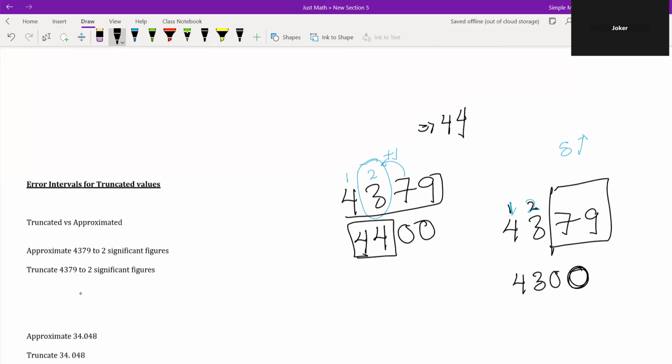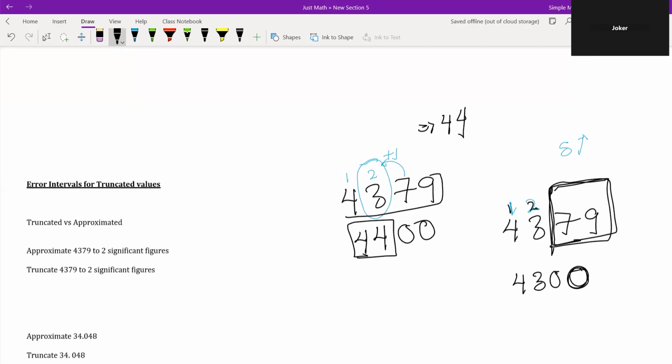So that's the difference. When you truncate, you are simply deleting, you're not approximating, you're not going to round up or round down. You just ignore everything else that's here. But when you approximate, you ask what is after the second significant figure? It's 7, so you round up.